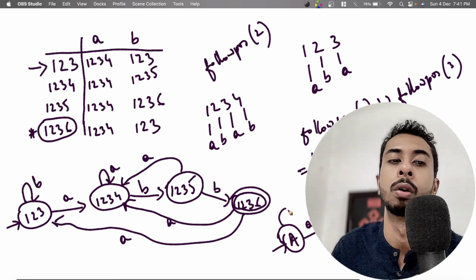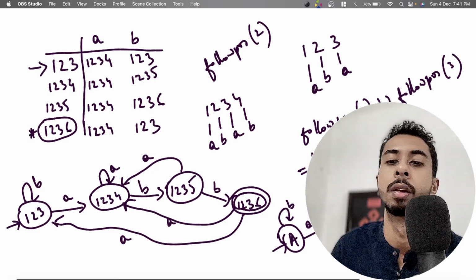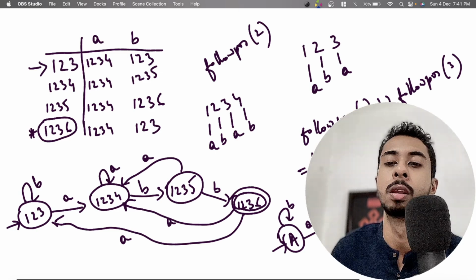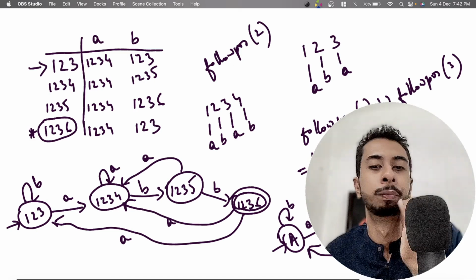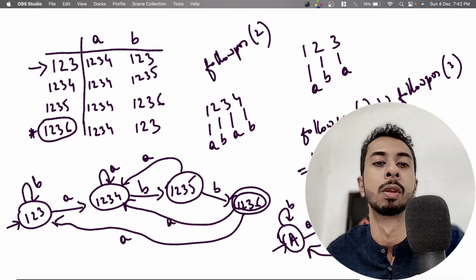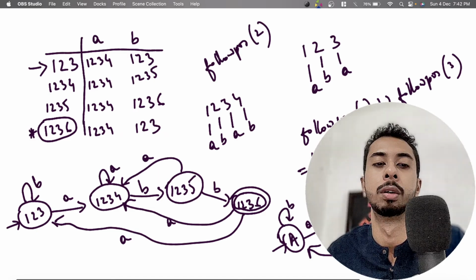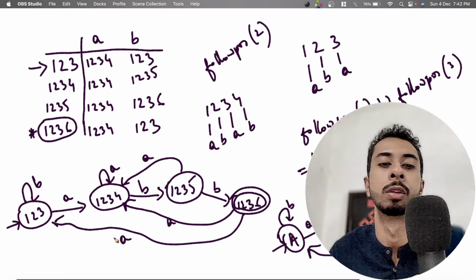A on B goes to the same state, B on A goes to the same state, C on A goes back, D on A goes back to B. I think 1 2 3 6 on A is going back to 1 2 3 4, and on B it is going to 1 2 3.